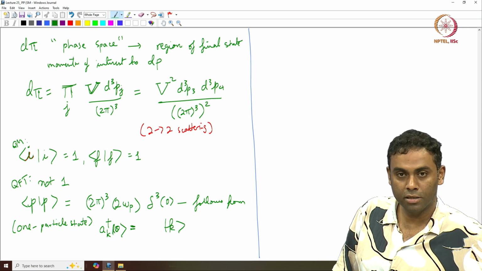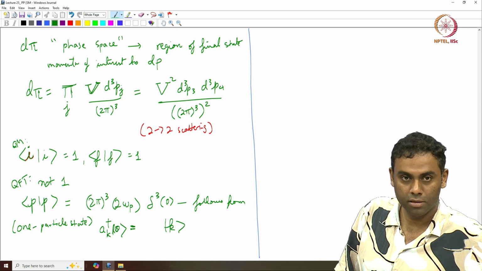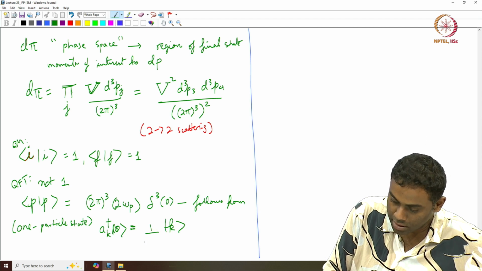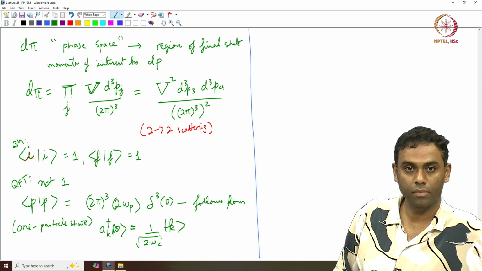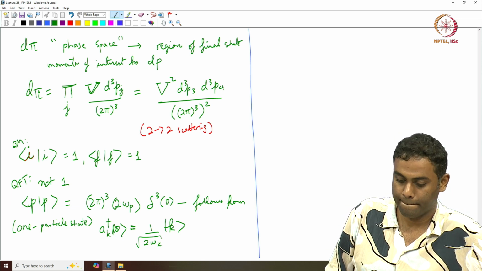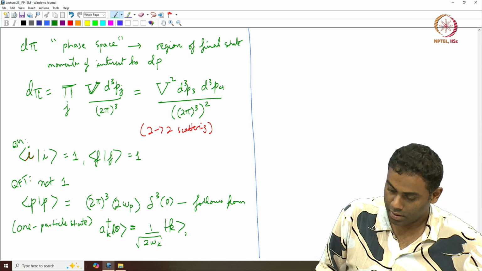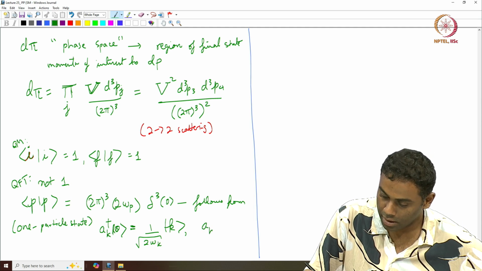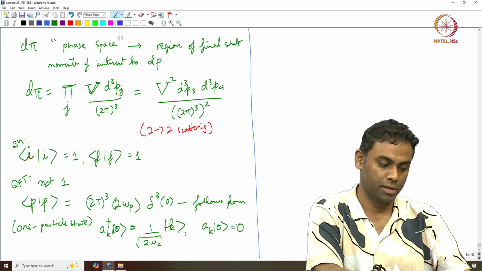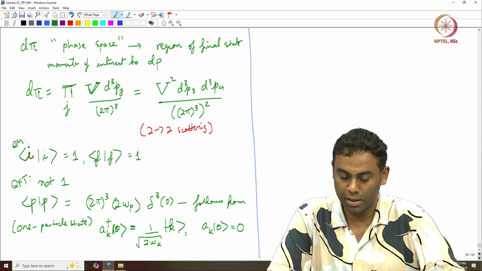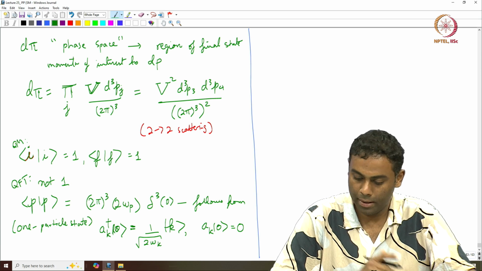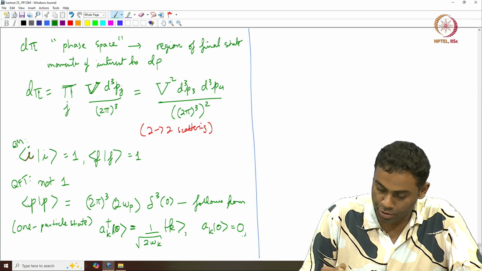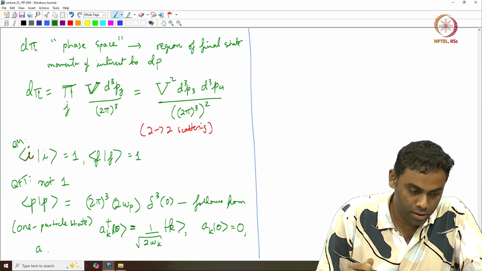I get a particle state with momentum k. But this has a certain normalization. So I'm going to make use of that, and I'm also going to make use of the fact that if I have the annihilation operator acting on the vacuum, I get a null vector.